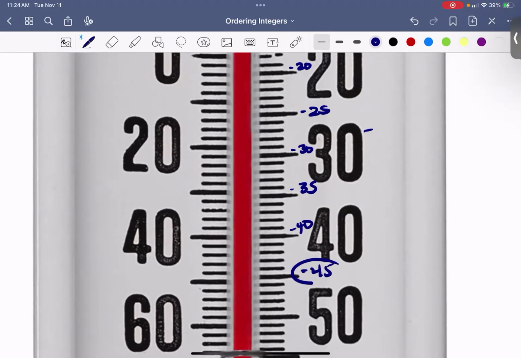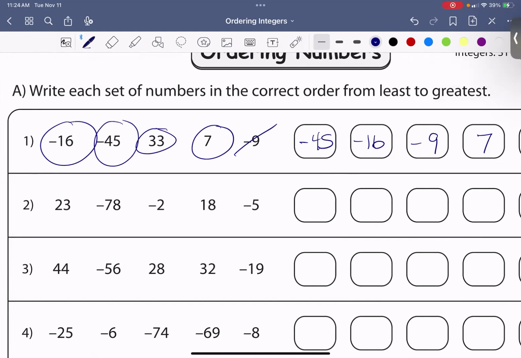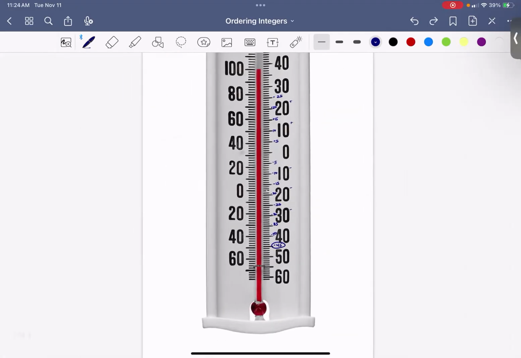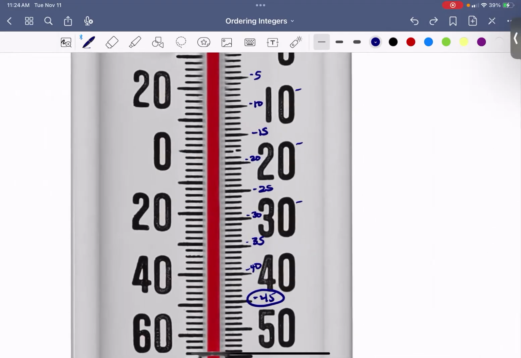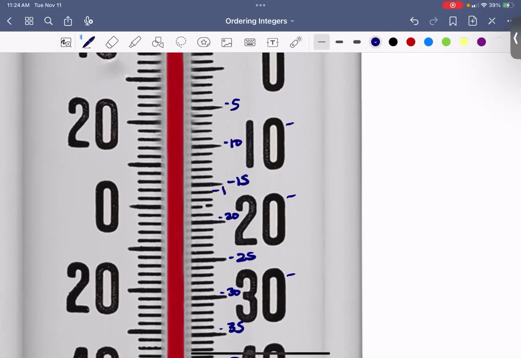So this is -45. The next number we had was -16. So let's see, -16 would be right here because -16 is smaller than -15.